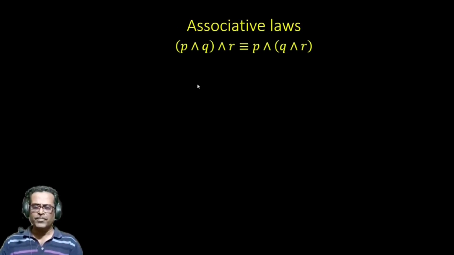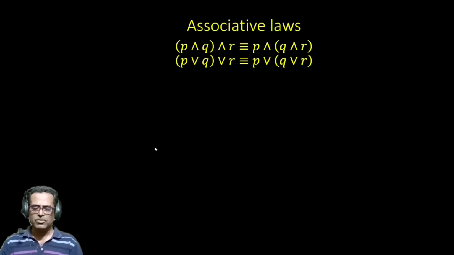Next, associative. If P, Q, R are propositions, and we take P and Q as one statement and combine it with R, that will be equivalent to P and Q and R. And also for or, it is equivalent.